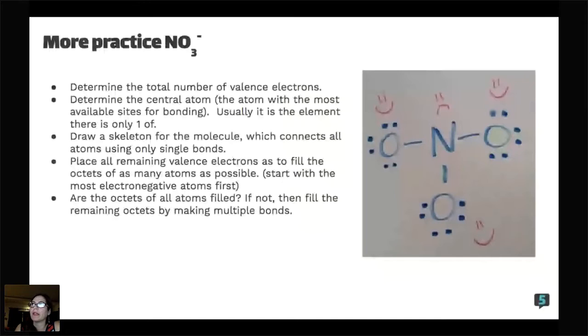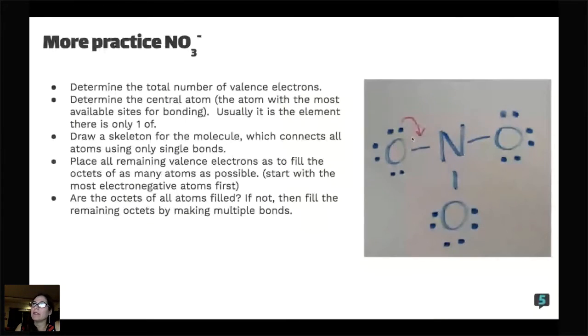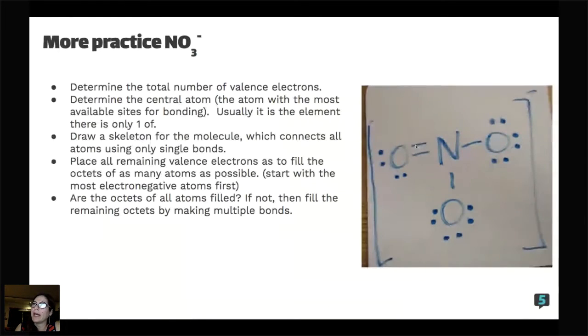We're going to make a double bond. This oxygen is going to be very generous and is going to lend these 2 electrons to nitrogen. Now, by doing that, it creates a double bond. And this oxygen is fine because the shared electrons count for both atoms. So now we have 2, 4, 6, 8.